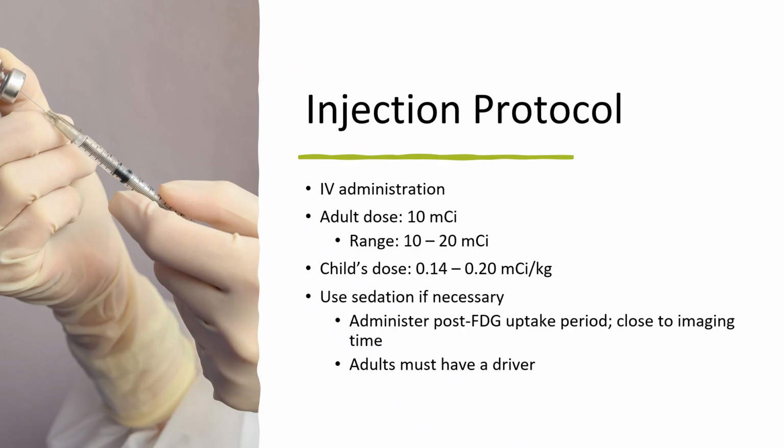Of course, there's a formula for calculating the children's dose, and it's pretty small compared to the adult dose because children are more radiosensitive, but it's 0.14 to 0.2 millicuries per body kilogram.